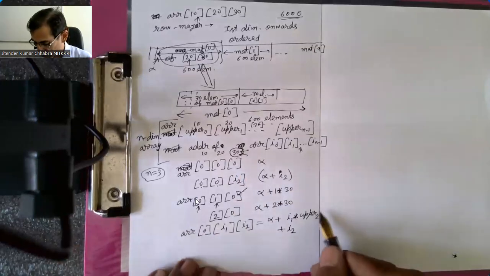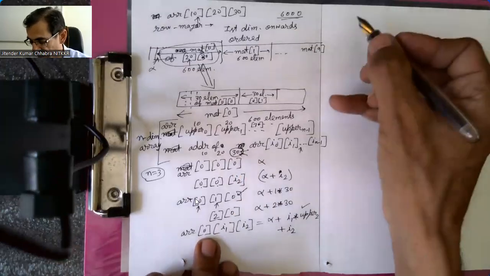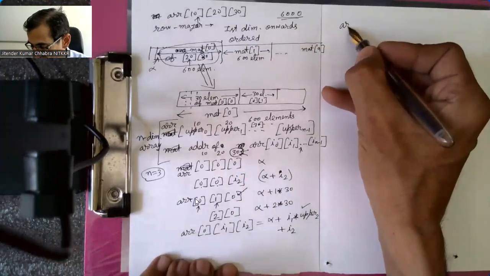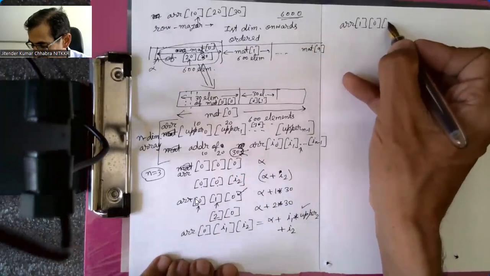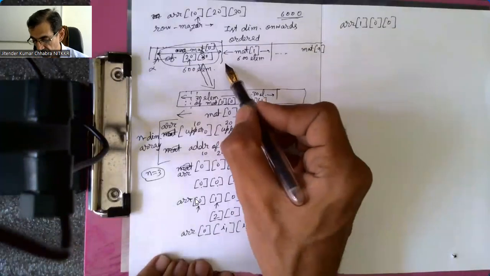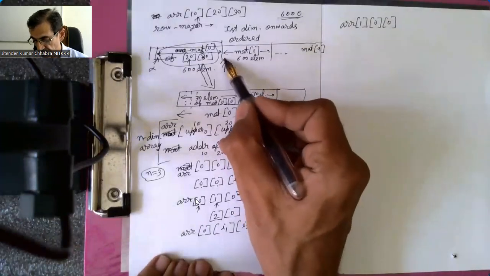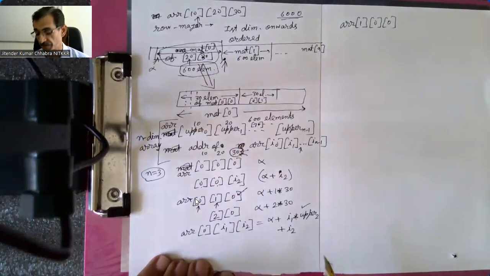Good enough? So we got something clear for the 0th first dimension. Now where will ARR 1, 0, 0 be? If you see, ARR 1, 0, 0 will start at this point after 600 elements.